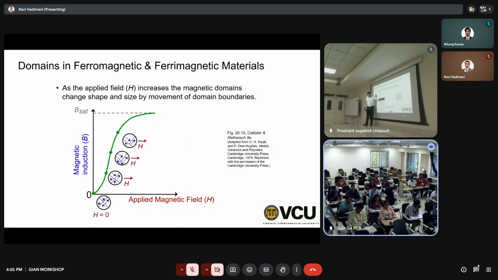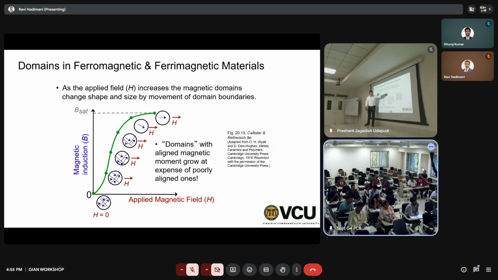So now you see this is growing. Actually, this is growing as well. So eventually all the domains will align in one direction. Okay, a domain is an artificial construct that we use in order to explain how the magnetization, all the spins, orient in one direction.